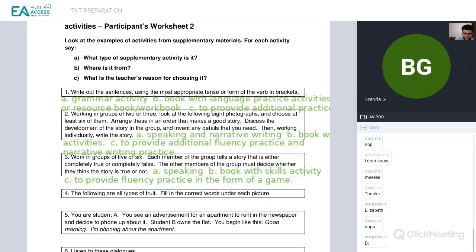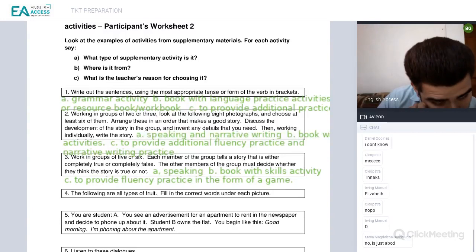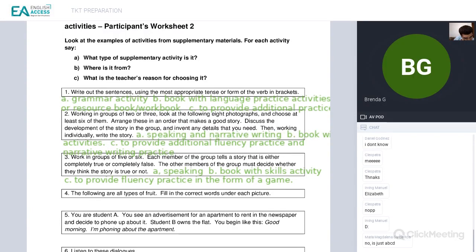If I have to do something like this, and for example, on number two, I just write speaking and writing, and that's all, would it be okay? Oh, on the test, you're not gonna have that. It's gonna be A, B, C, or D. I know, but well, that's something I have to deal with. I mean, yeah, I got my point. Okay, all right. Thank you. Sorry. Don't worry, don't worry.